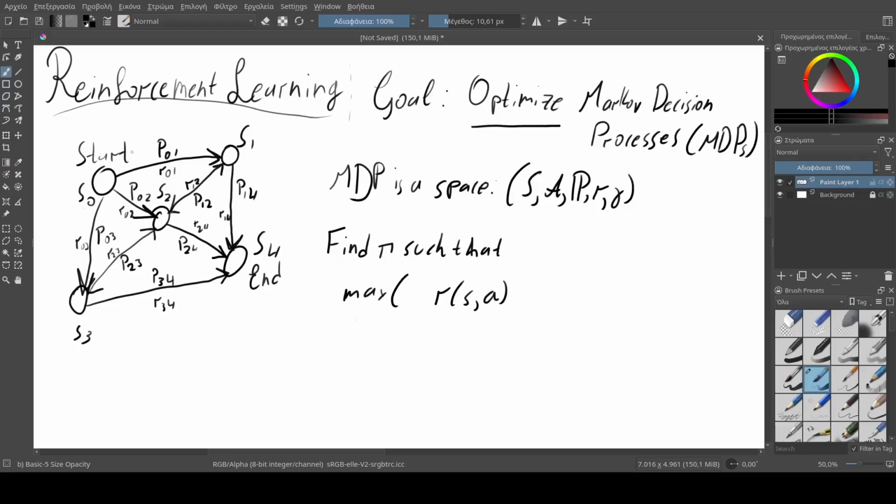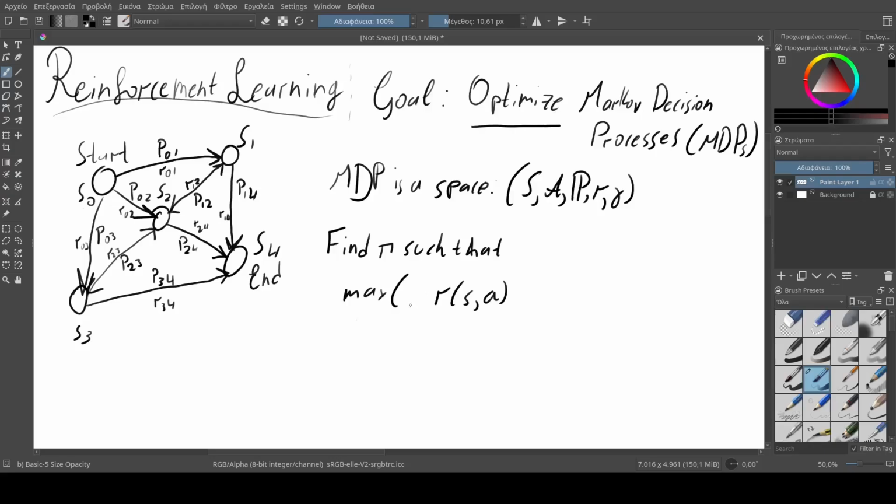And so if we go to S0, we have 3 possible actions to go to S1, to S2, or to S3, and each action is associated with a reward. So from S0 to S2, the reward function given S0 and the action to go to S2 yields R02. And so that is the reward for that time step.